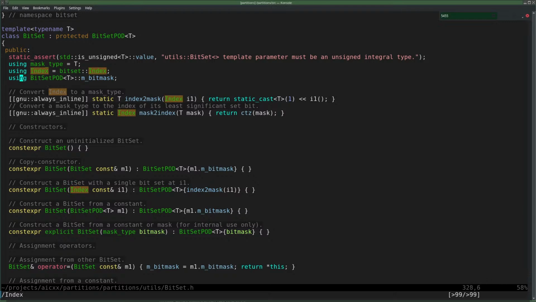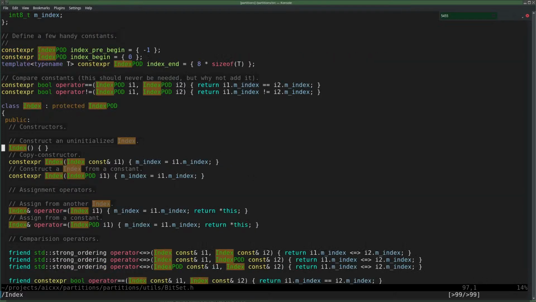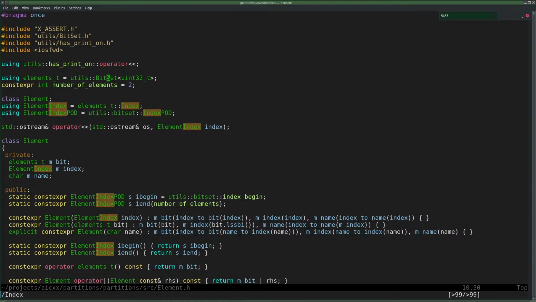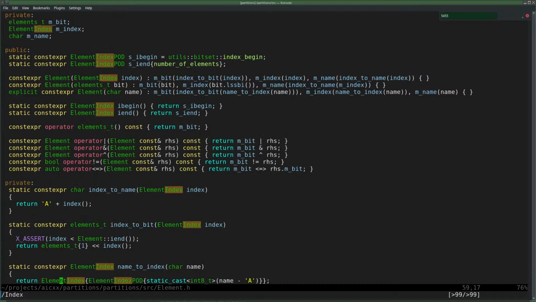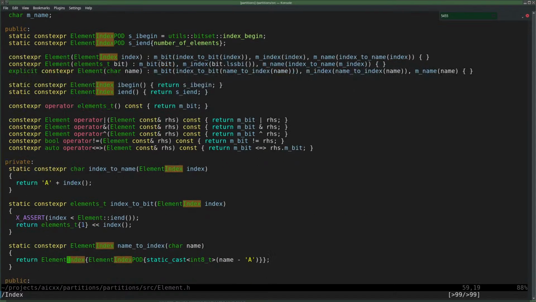Oh, it was already on. Which is a constructor from the POD, which just assigns its own index from there. It's definitely totally working. It's possible that it will not work. Well, I'm checking it anyway.